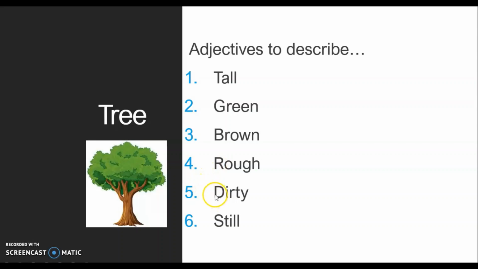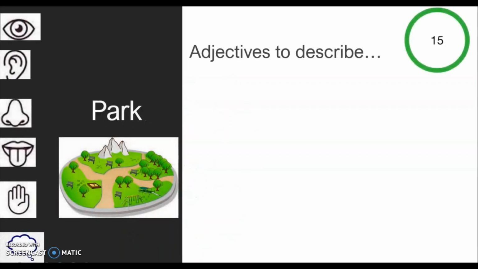From what you know, you might have said that the tree is dirty. Also you might have mentioned the fact that trees can't really move. So a word to describe that would be still. Trees are very still. Right? Park.